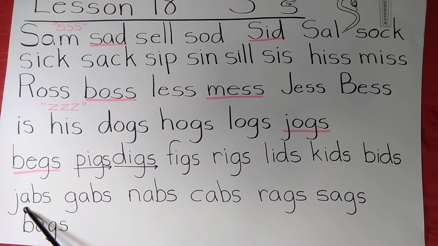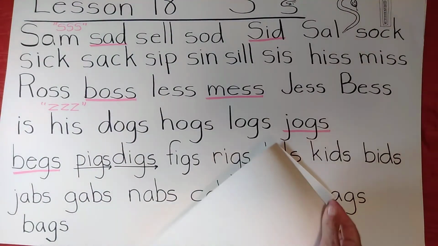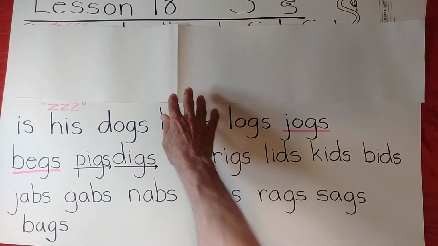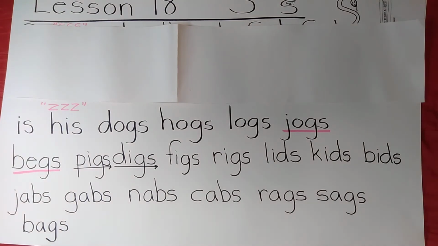This is jabs, gabs, nabs, cabs, rags, sags, and bags. So, again, teachers, use the pause button. I'll try to block some of these up here so it doesn't get so confusing. And have the students practice these words.